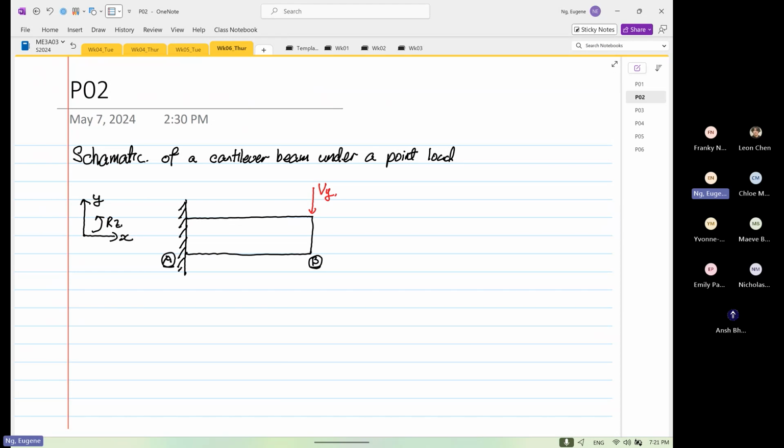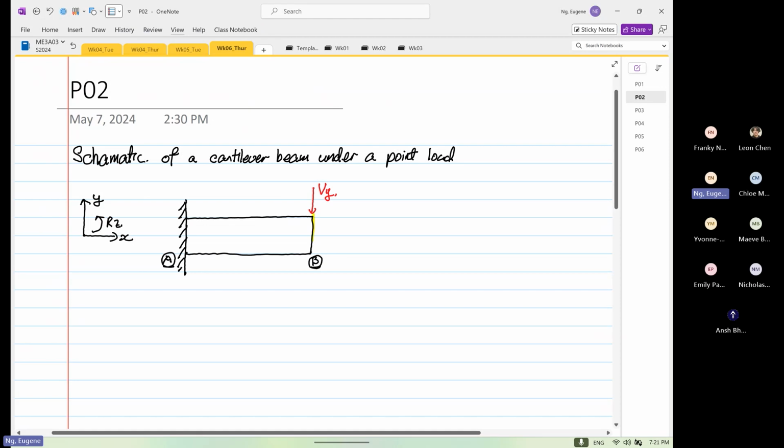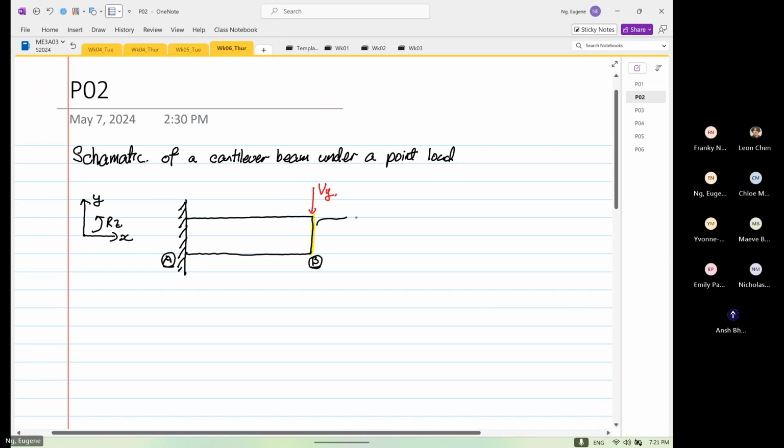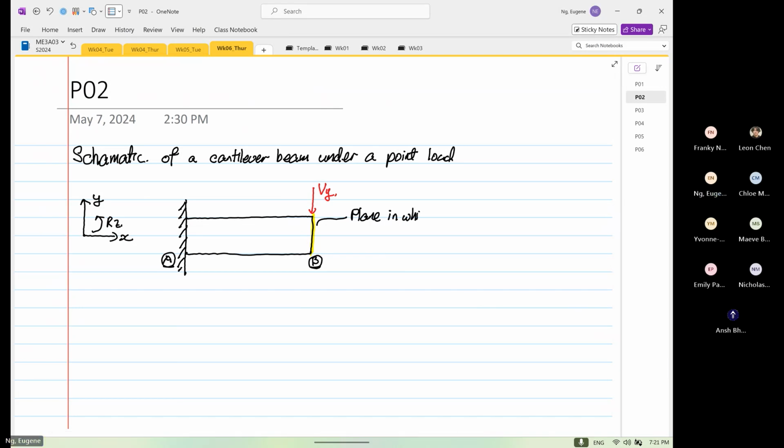So when we calculate our first moment of area and second moment of area, we consider this area that I highlight in yellow. This is the plane in which the Q and I are formulated.